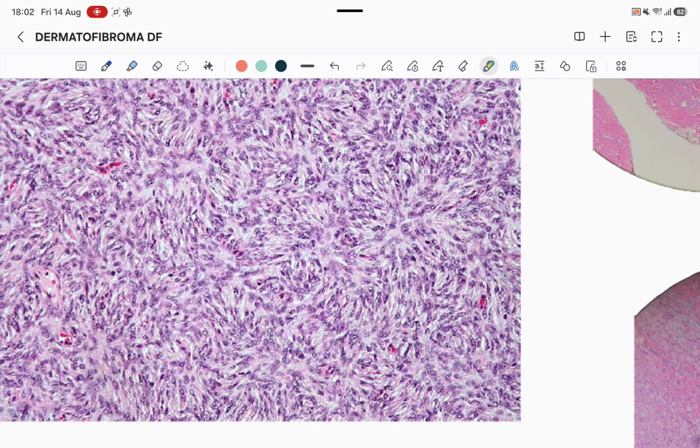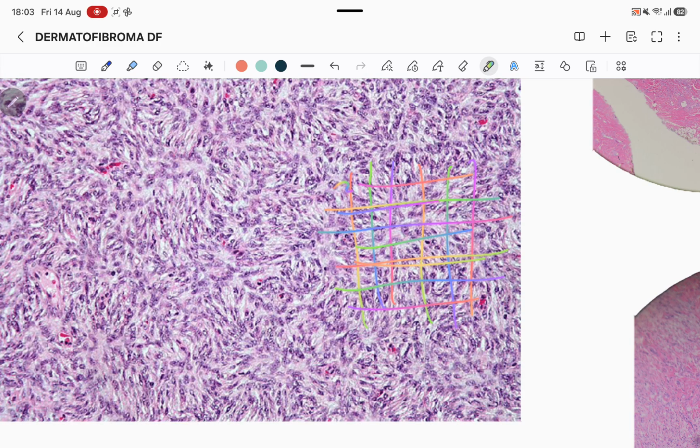Just to illustrate verbally and physically what it looks like, you can imagine a storiform pattern like a cartwheel. This is your cartwheel, and you have your storiform pattern like this. You can say clock face, but it doesn't really make much sense. There is another description, that it's like a fabric, the fabric of a mat like this.